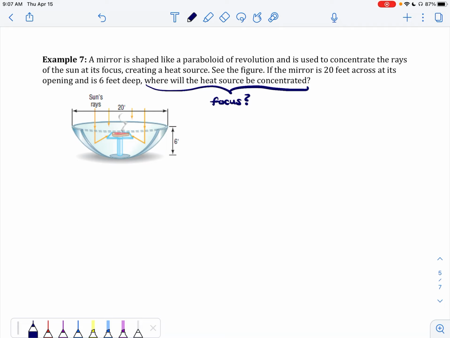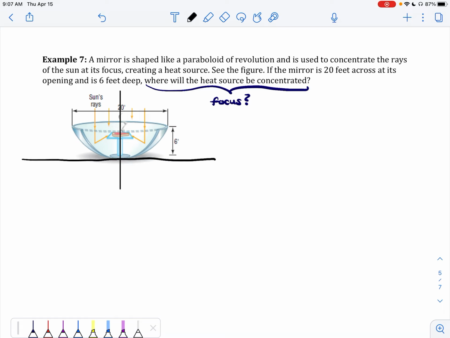All right, so I'm going to go ahead and place this within a coordinate system. Because this is a physical object, it doesn't have a coordinate system to begin with, so we can place it wherever we want to. The easiest place to draw this would just be to say that the vertex of the parabola is at the origin.